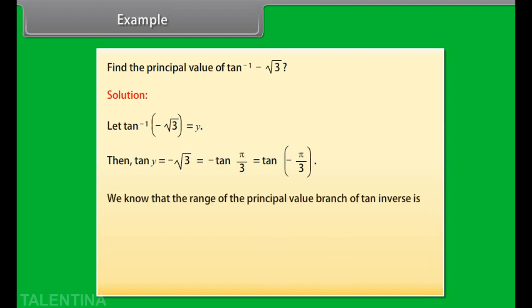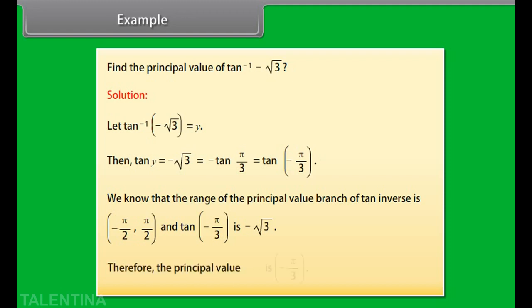We know that the range of the principal value branch of tan inverse is minus pi by 2, pi by 2, and tan minus pi by 3 is minus square root 3. Therefore, the principal value is minus pi by 3.